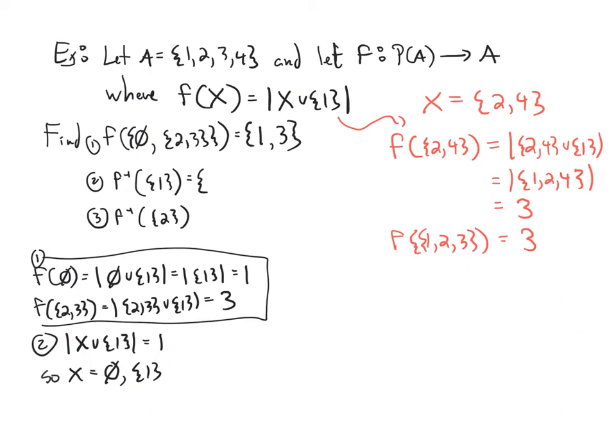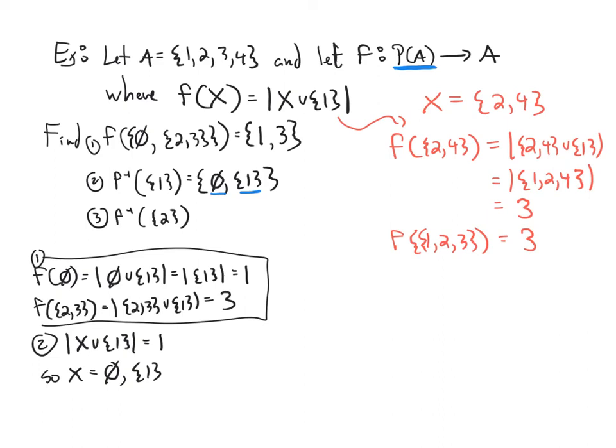So the 2 elements of the domain that get mapped to 1 are the empty set and {1}. And remember, these are elements of our domain. They happen to be sets, but that's because the elements of our domain are sets.